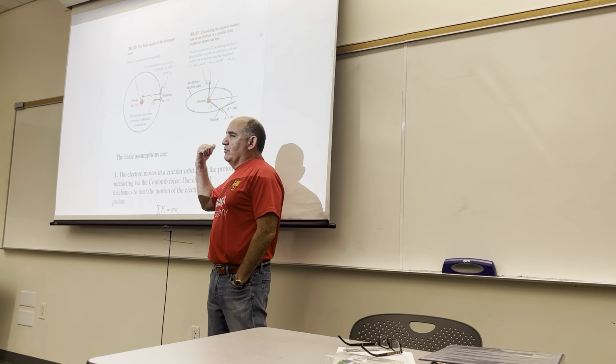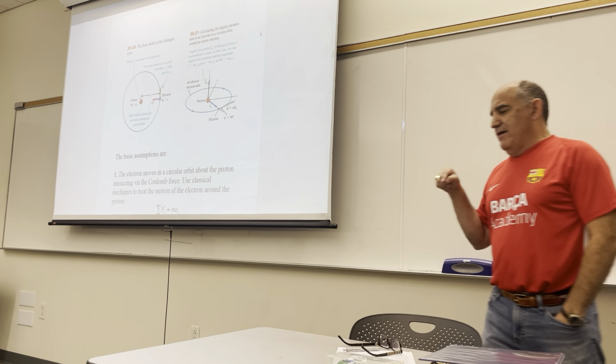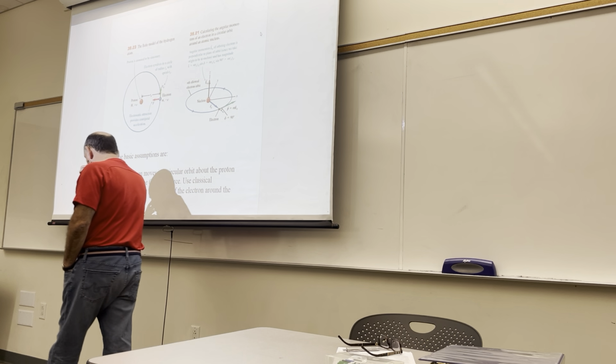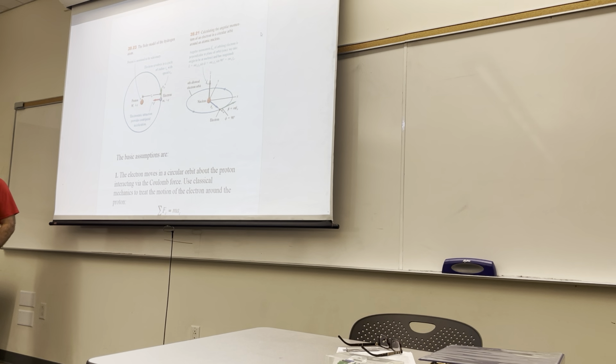And Niels Bohr came up with this model in 1913, and that was a result of an experiment and studies that had been done by Ernest Rutherford in 1911, 2 years earlier.